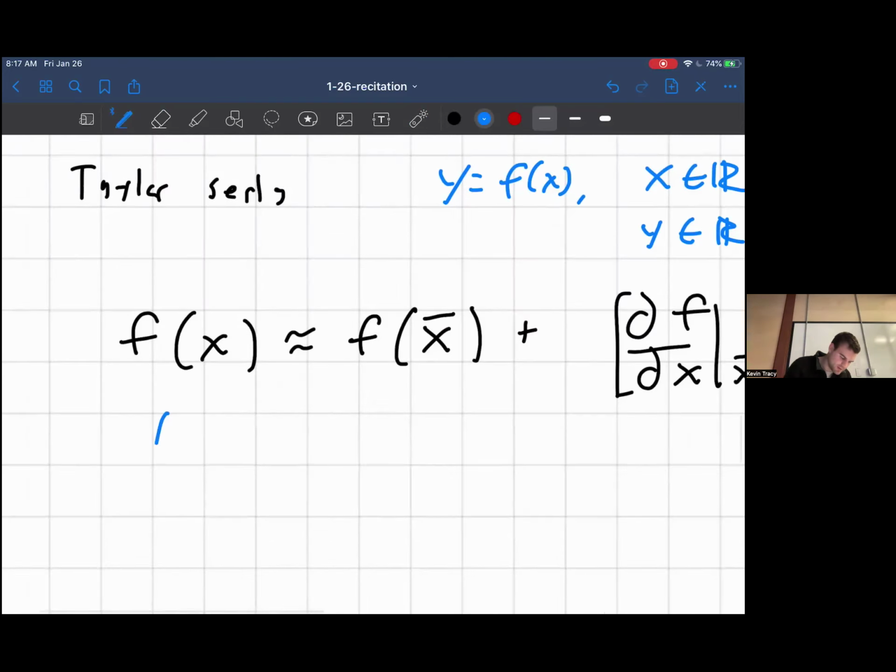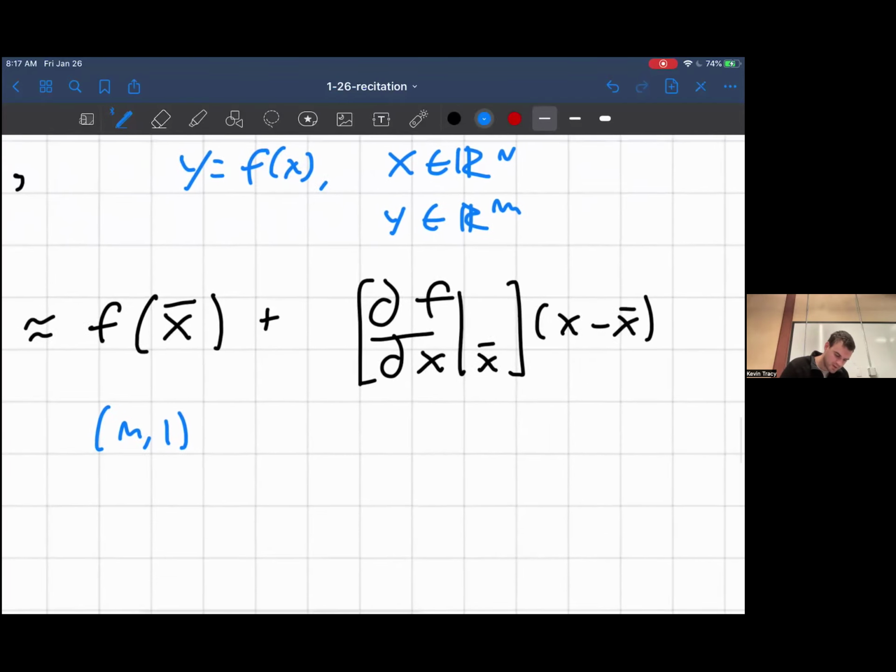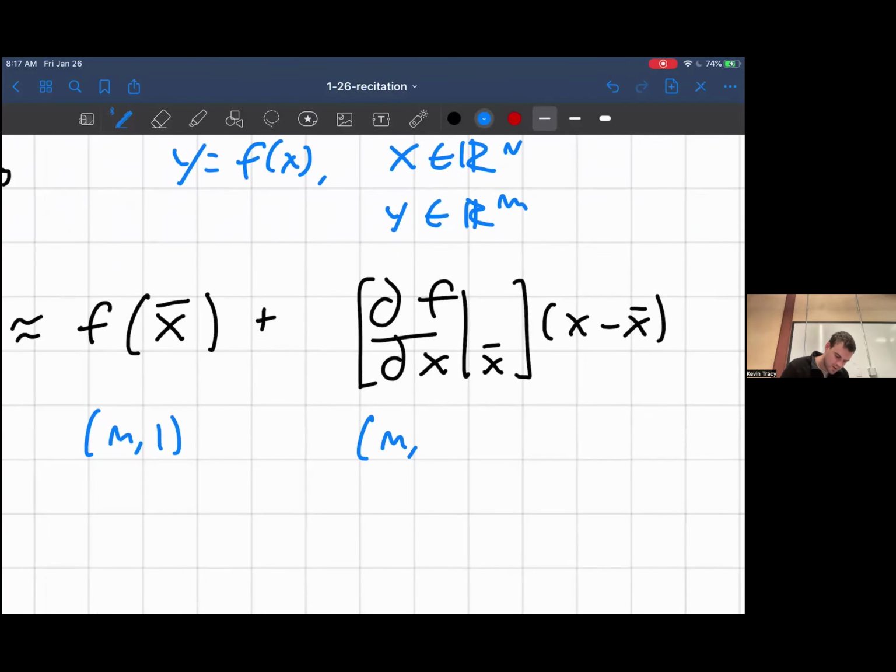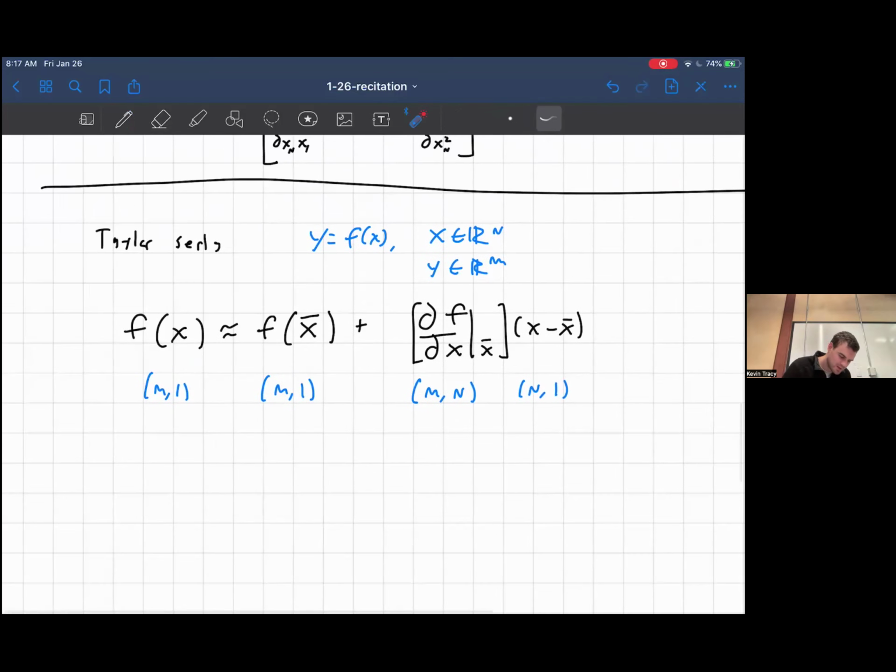So this means that this is m by 1, this is m by 1. Then our Jacobian is the number of outputs as rows, the number of inputs as columns. Then x is n by 1. So if we look at these dimensions, this is a length m vector, and once I multiply, this becomes a length m vector.